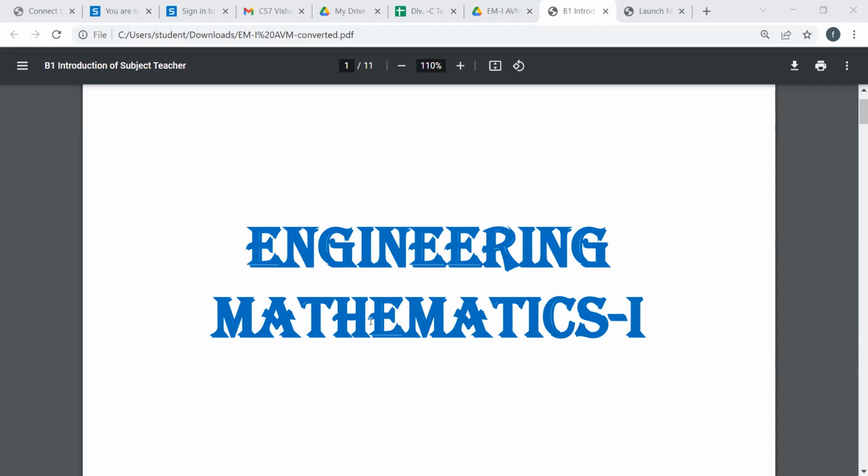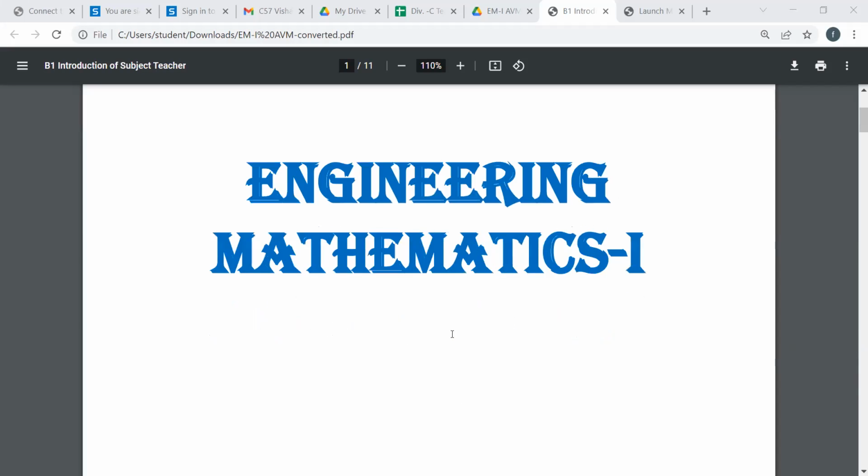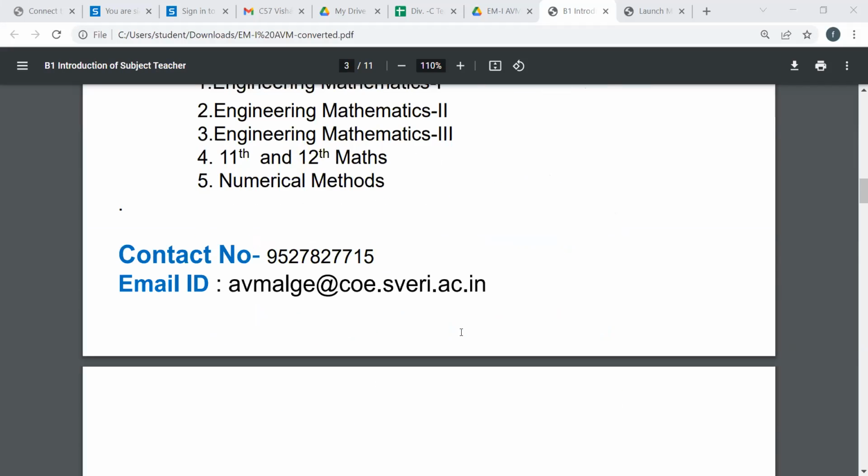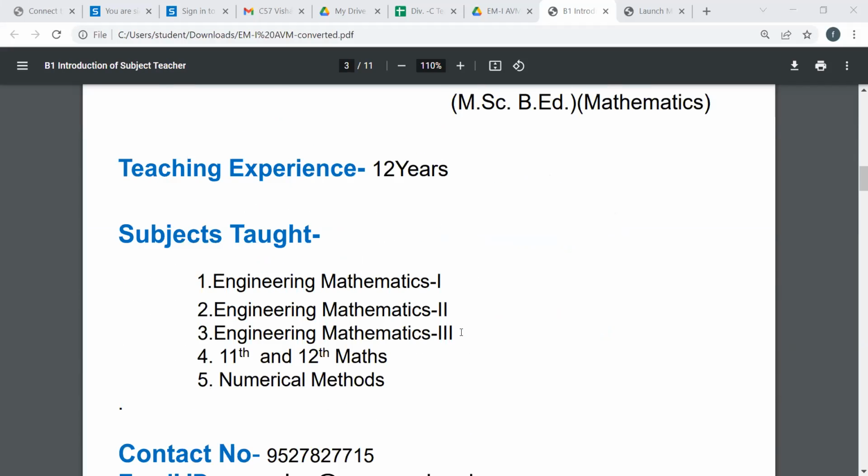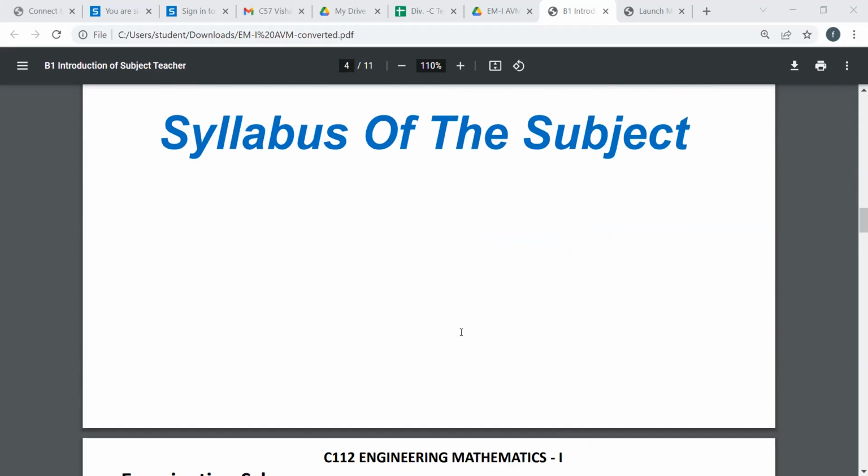Today we are going to start our next chapter. According to our syllabus, it is the fifth one, application of multivariable differential calculus.